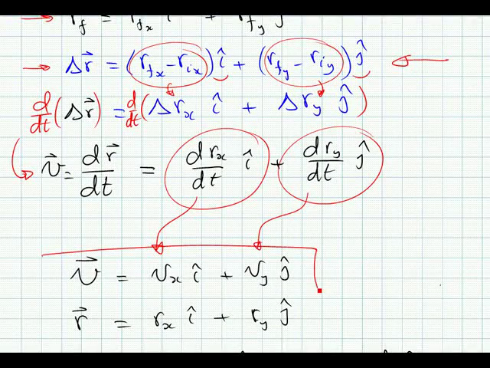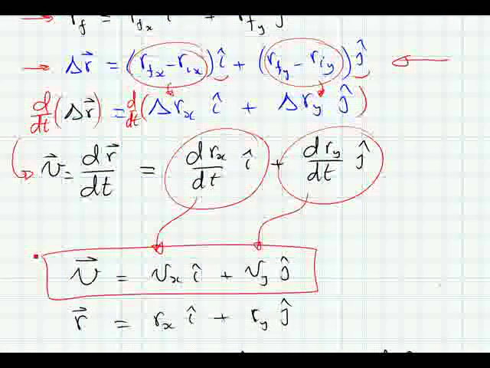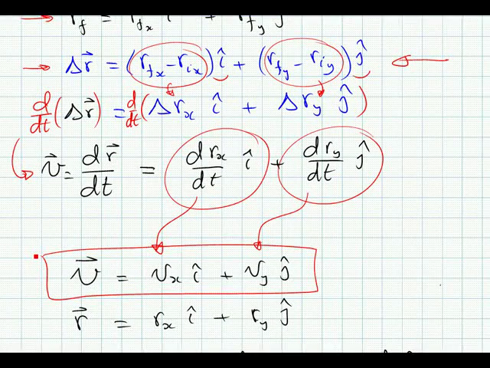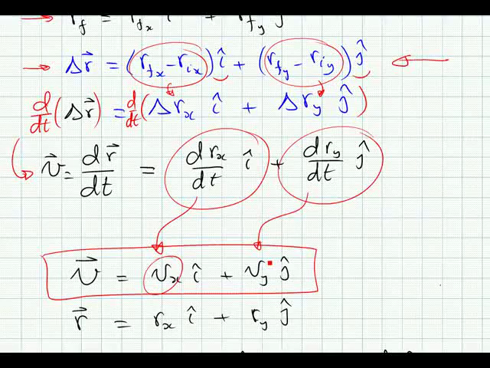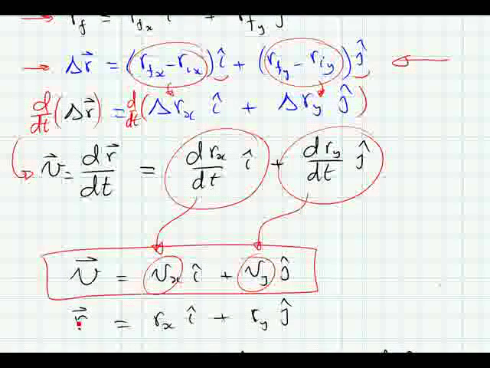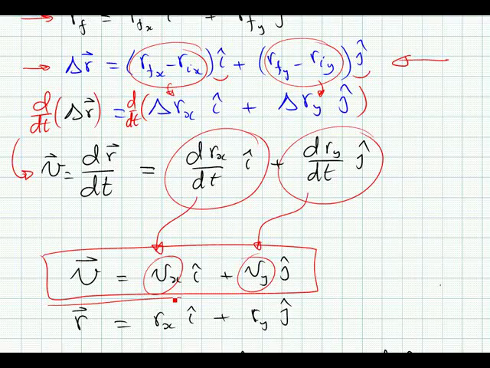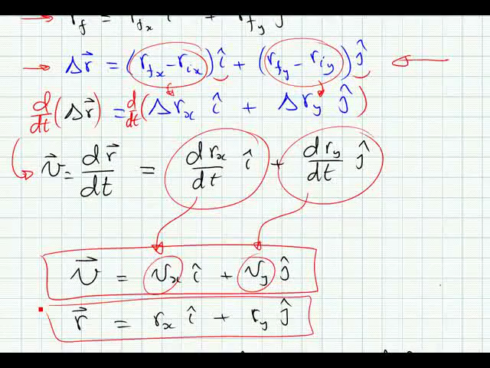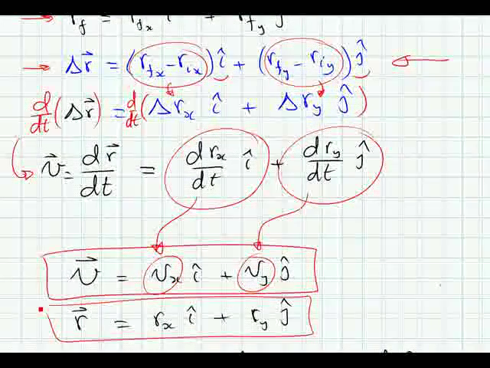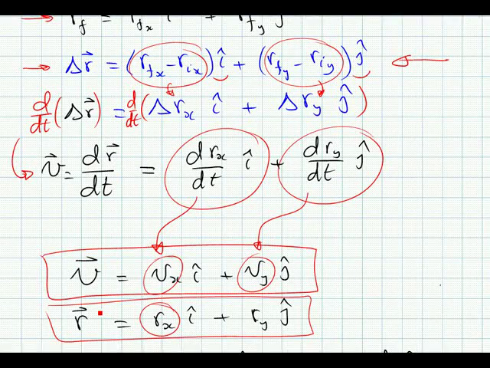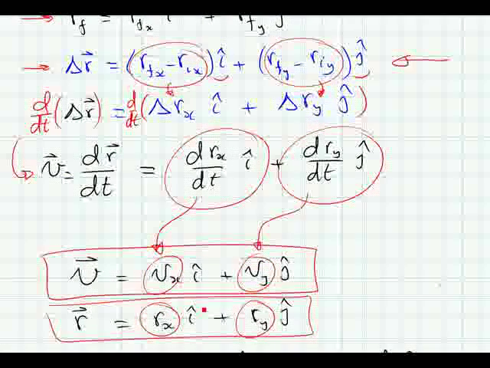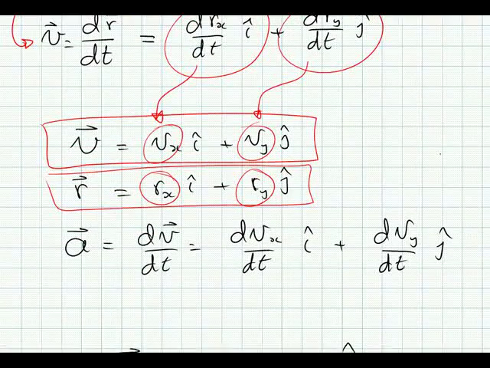So the velocity vector for an object moving on a plane is simply given by its x and y components. And as you saw above, the position vector for an object that is moving on a plane can be given by its x and y positions respectively.